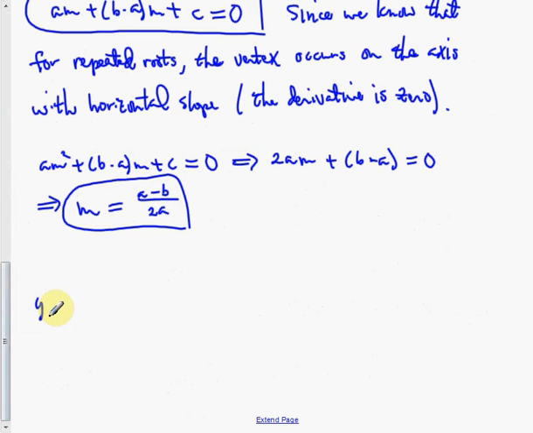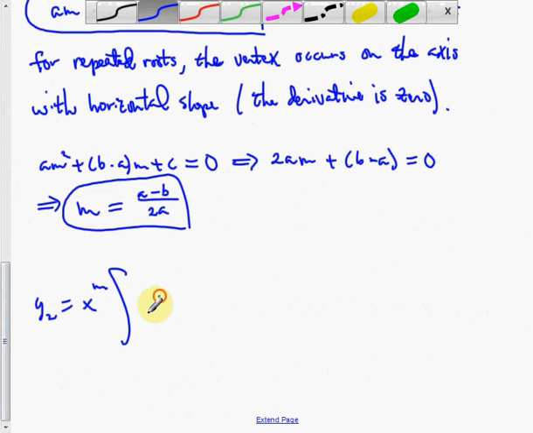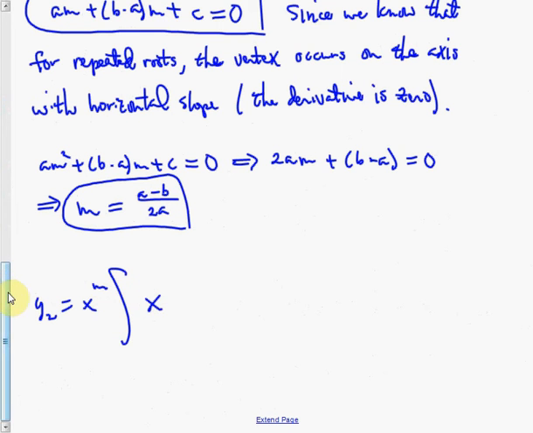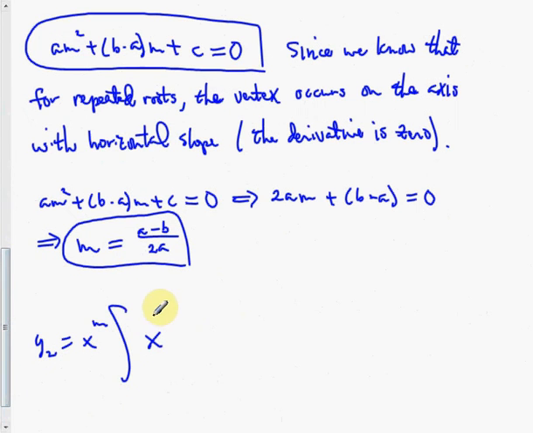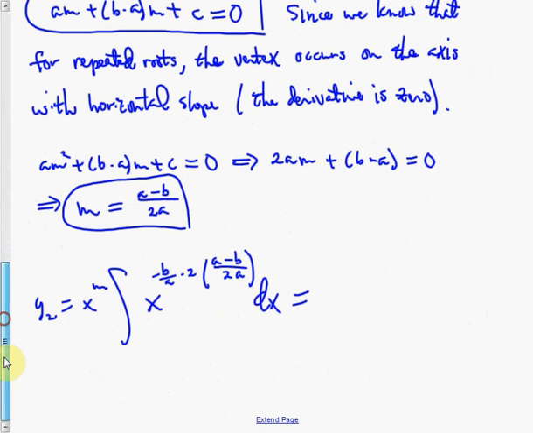So we get y sub 2 is x to the m times the integral of x to the negative b over a minus 2 times m, where m is a minus b over 2a, dx. Simplify that.